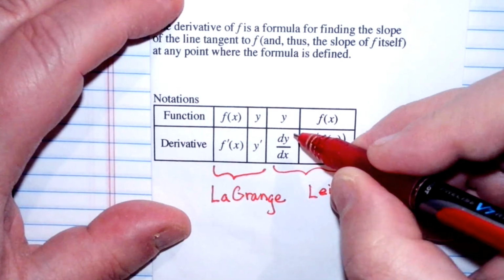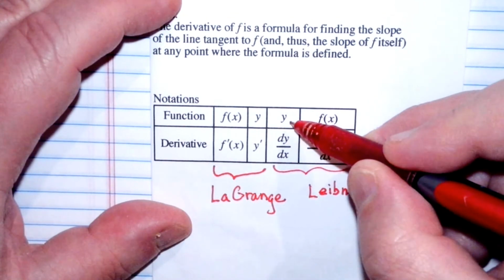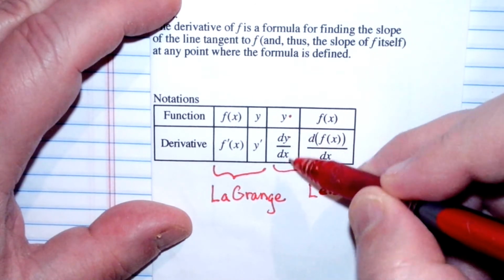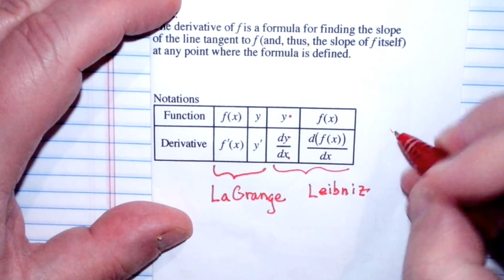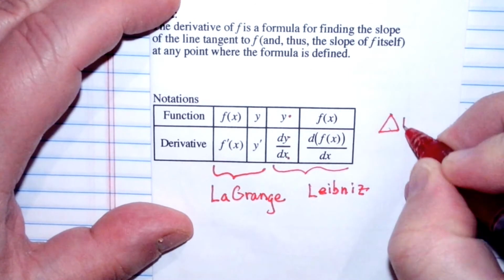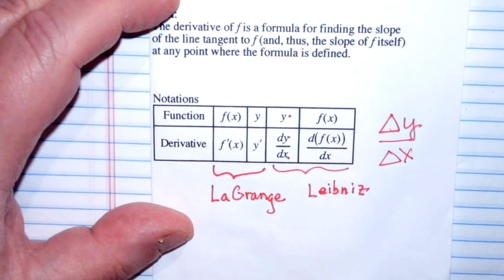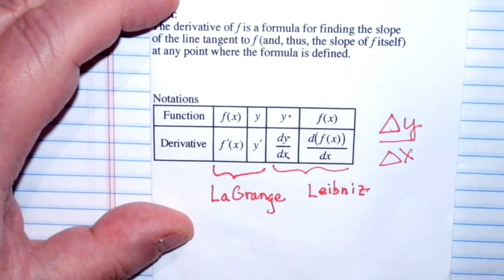So, in Leibniz notation, if y is the original function, then the derivative is denoted dy over dx. This is supposed to suggest the delta y over delta x that you use for the definition of the slope of a line.